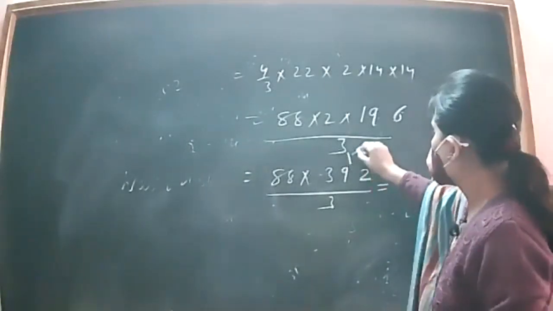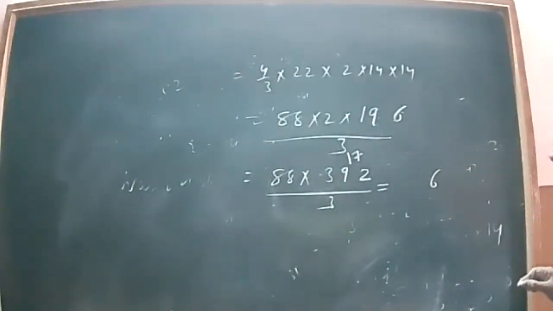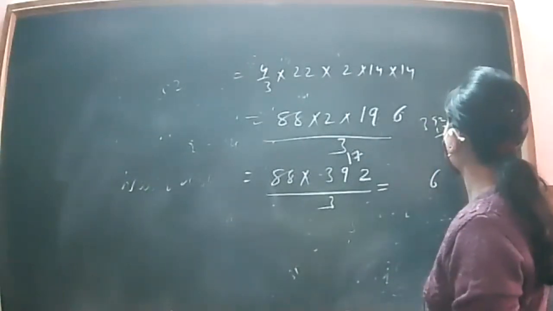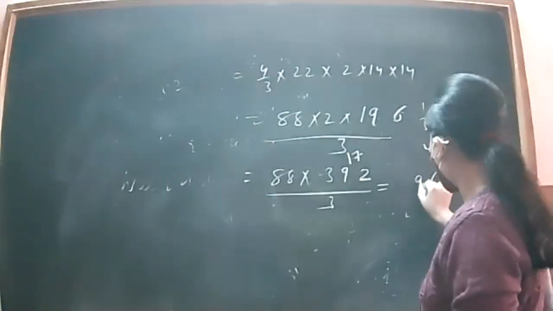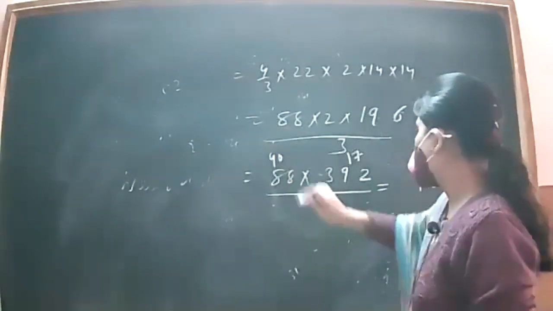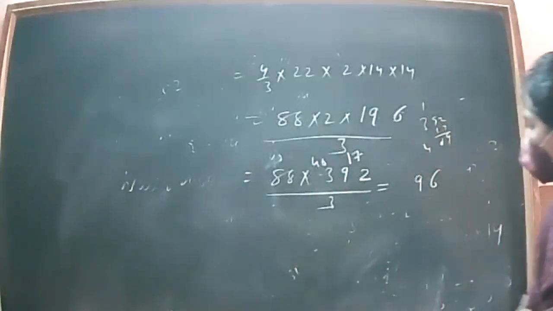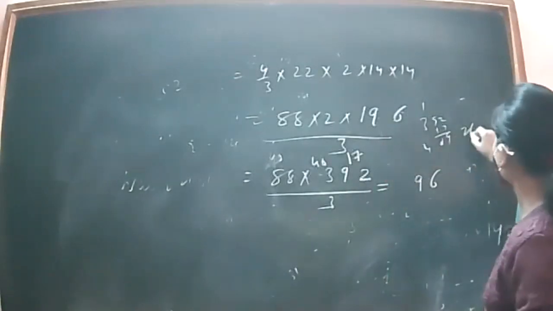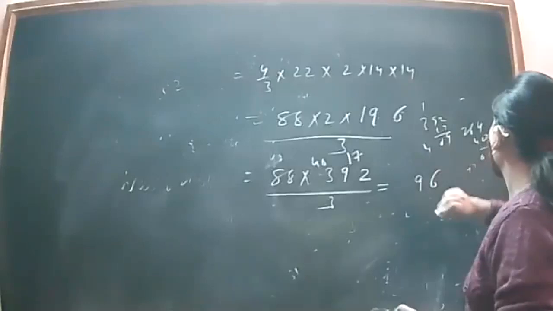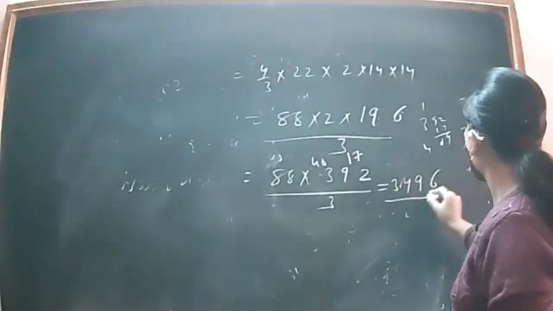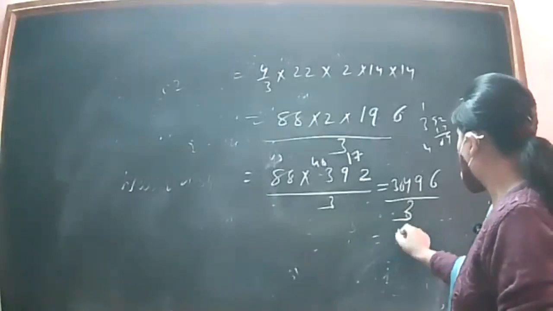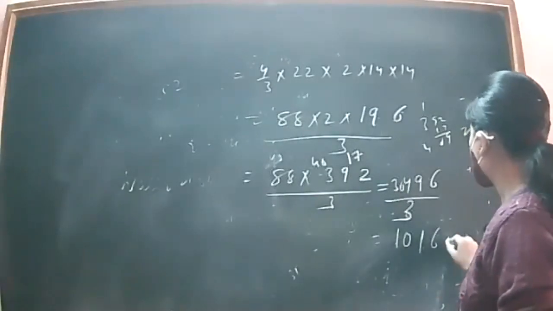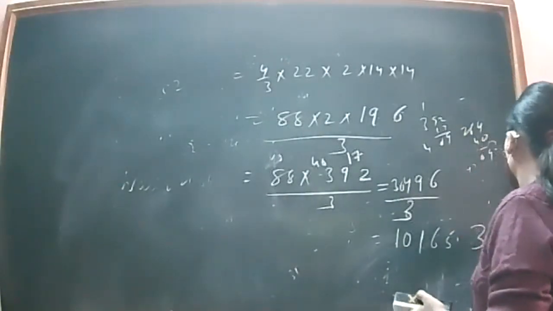This is 6, carry 17. 88 nines are 792 plus 17, 809, 9, carry 40. 88 threes are 264. 264 plus 40 is 304 over 3 centimeter cube.